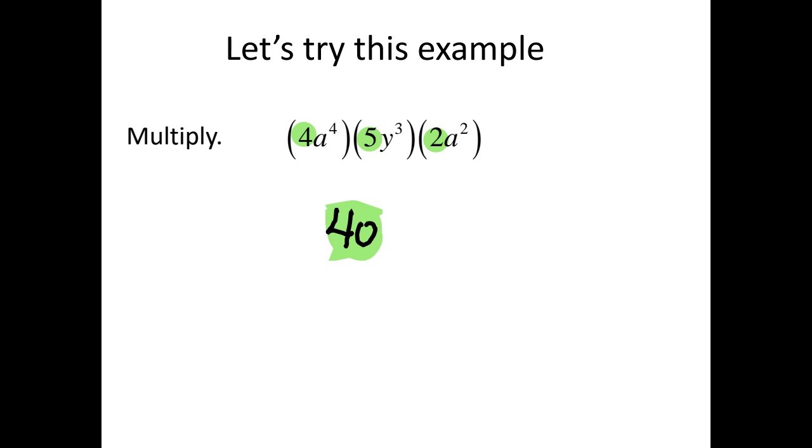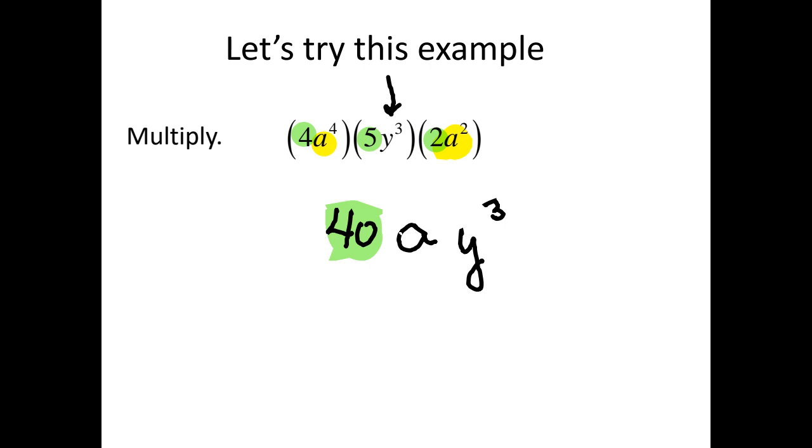I happen to have an A here, but I have another A way over here. This Y is going to come right here. I don't have anything to go with it. But this will give me A to the 6th.